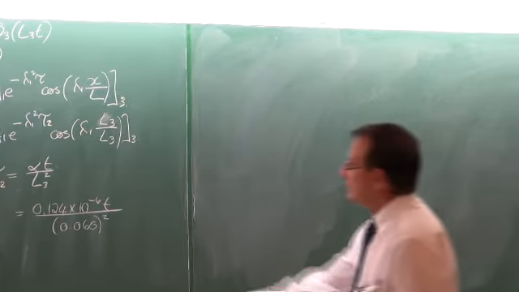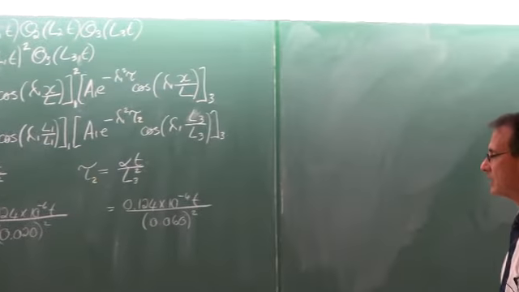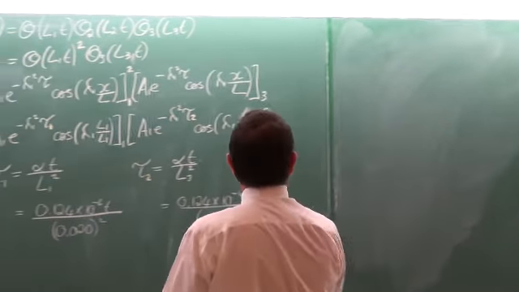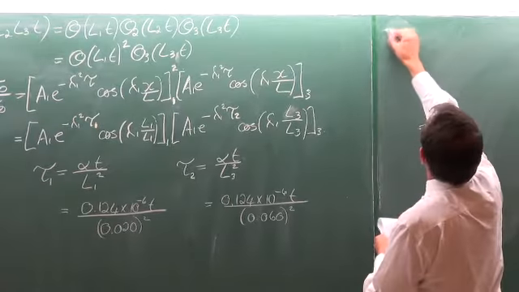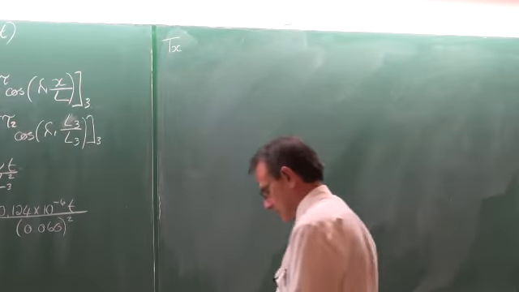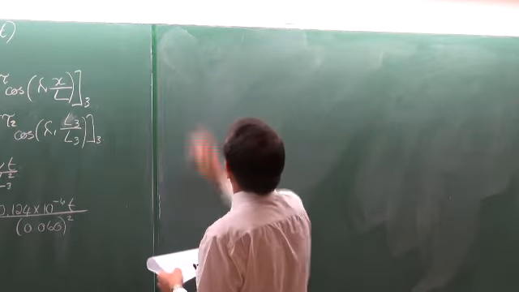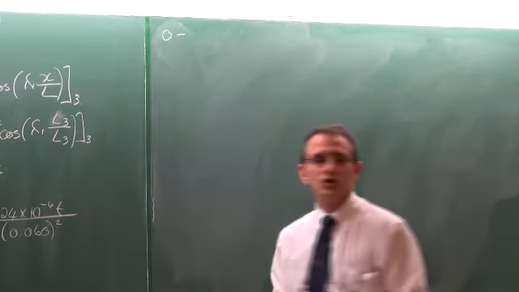Okay, now let's put it back in the equation. I'm going to say the temperature at point X must be equal to 0.